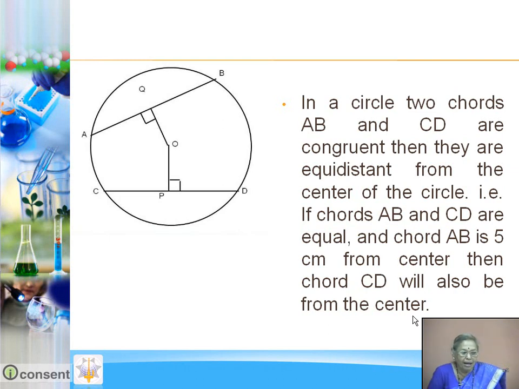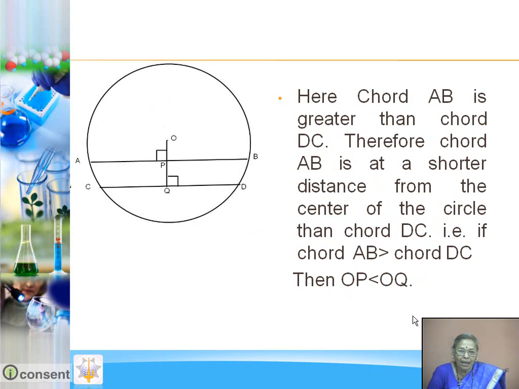Here, AB is longer than DC, and that is why AB is at a shorter distance than DC from the center of the circle. So, we will see the example based on this.